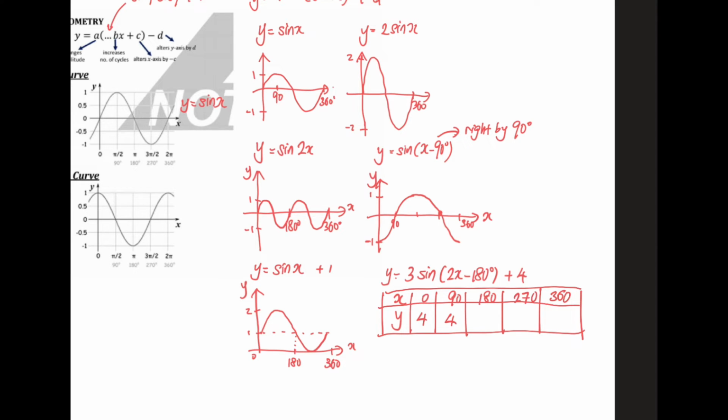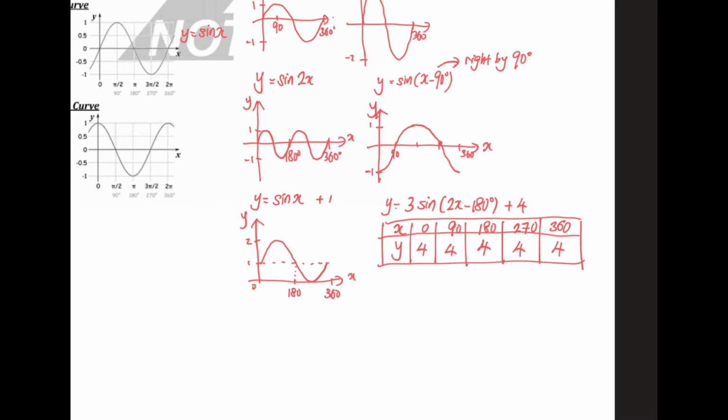You put 180, you get 4. You put 270, you get 4. You put 360, you get 4. When you get something like that, it means we don't have enough information to draw the graph.